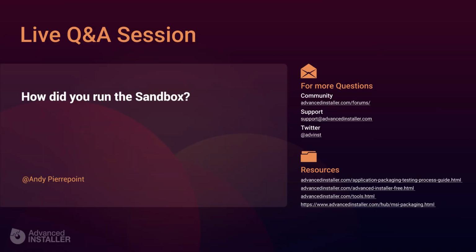How did you run the sandbox? Okay, so basically the Windows Sandbox is a feature that Windows 11 comes with. If you don't have it enabled, you need to go to the features list and make sure that you have the Windows Sandbox enabled. Once you have it enabled, you will have access to a light environment for testing.